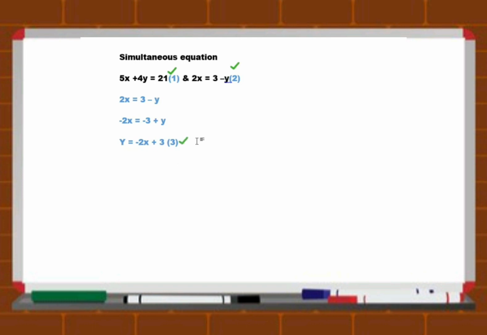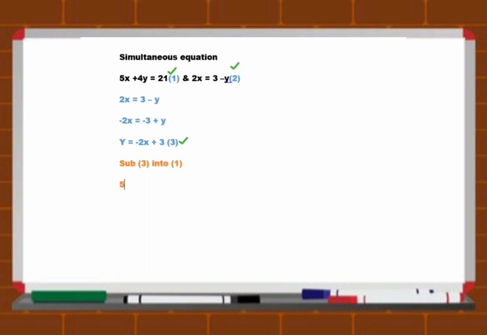Now, we're going to take this new equation, which is equation 3, and you're going to sub equation 3 into the equation that you haven't touched, which is equation 1. So wherever there is y in this equation, instead of writing the y, you're going to write minus 2x plus 3.